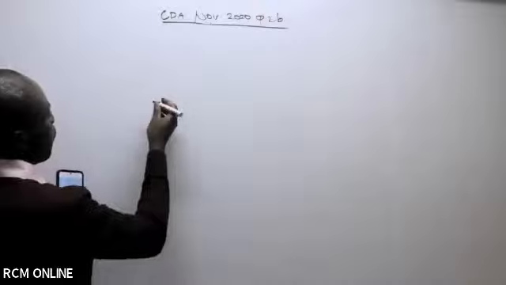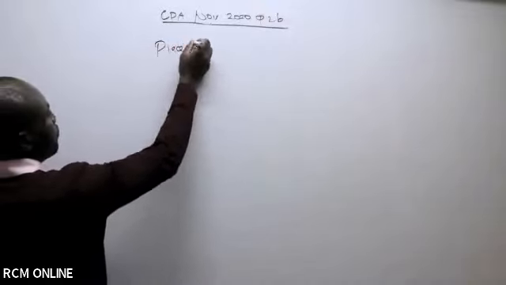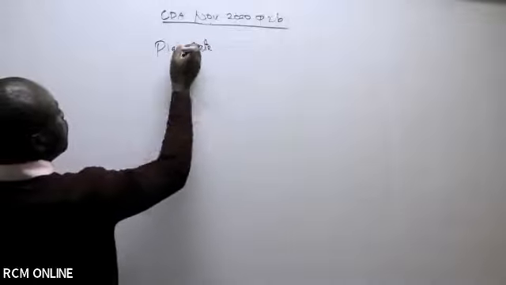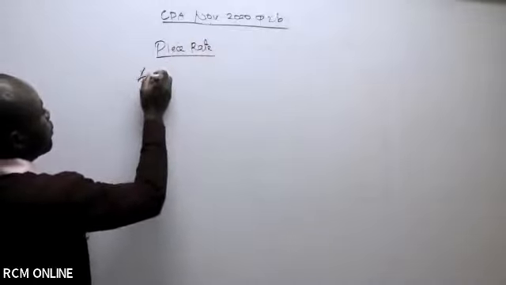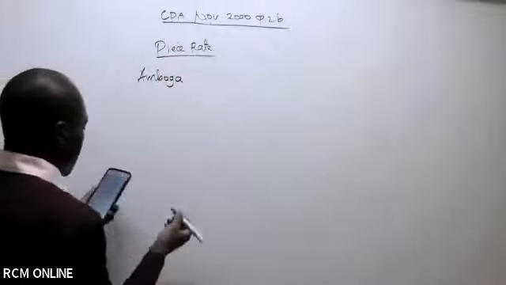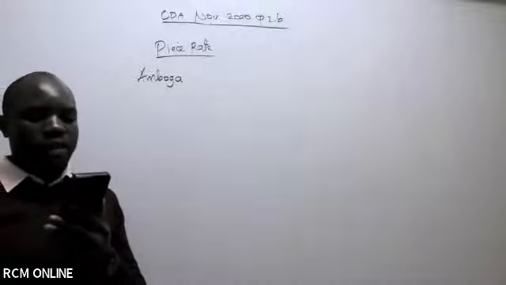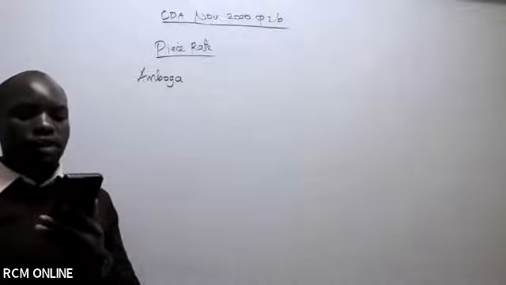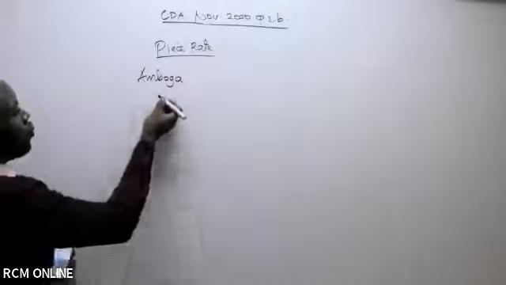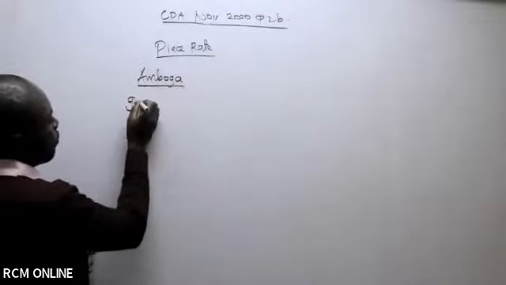Let's start with Amboga here. We are dealing with piece rate. What is the examiner telling us here? The examiner has said, under piece rate, the company pays its casual workers 25 shillings for every good unit. So Amboga here will be paid for the good units.